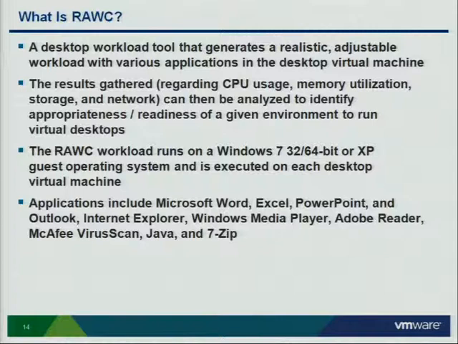What RAWC also does is generate timing log files for open and close times on different applications, and we can use that information to figure out how many VMs per core you can get on a given processor. So basically, the bottom line of what RAWC will give you is how many VMs you can cram on a Nehalem or a Westmere or some of the x86 processors.